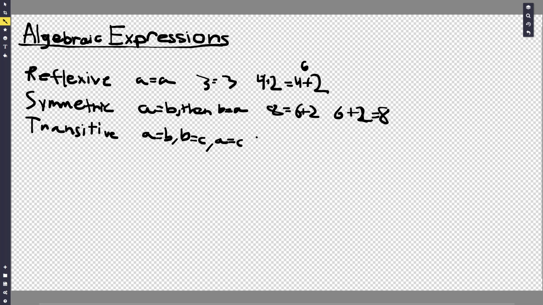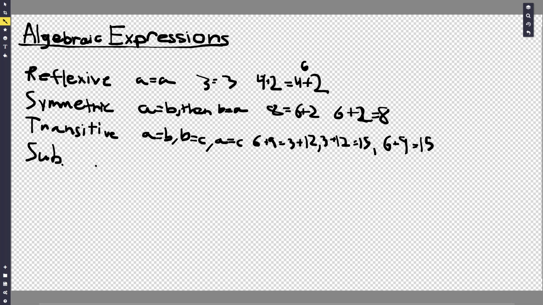If we have 6 plus 9 is equal to 3 plus 12, and 3 plus 12 is equal to 15, then we know that 6 plus 9 is equal to 15, right? So this is just logical again. So now substitution, which I'm just going to abbreviate sub.